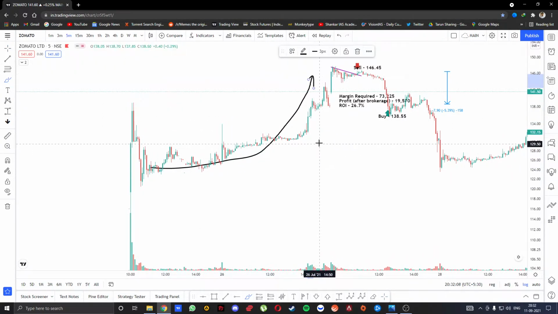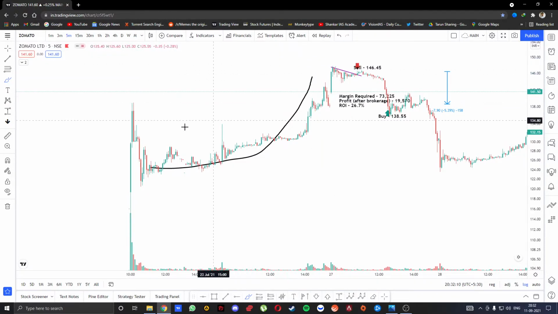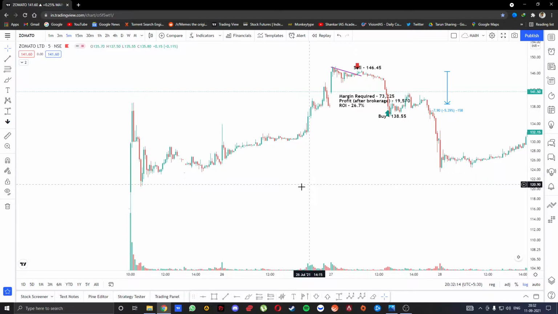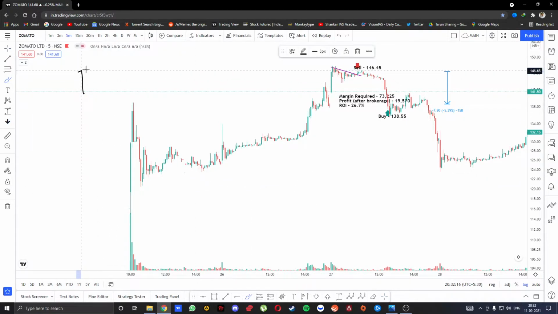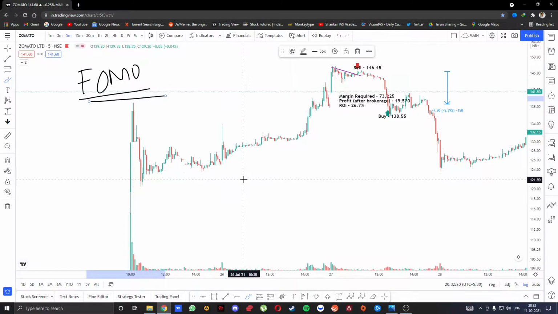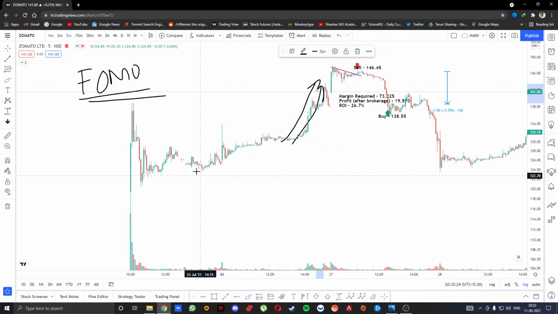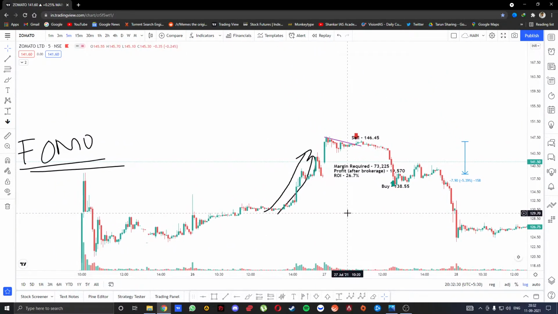So I was looking at an opportunity to enter a sell, because the retail trader is thinking about FOMO, that is fear of missing out. I was feeling confident that more and more retail traders are entering here because the stock got listed at a heavy premium and more retail traders would have started buying.